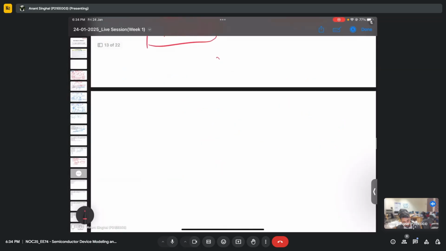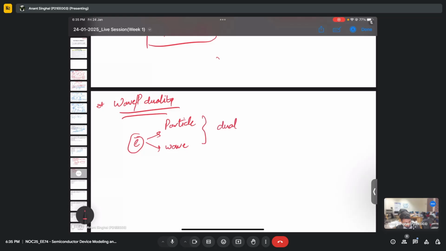No, sir. Okay, so if not, then we can move to the second thing, which was wave-particle duality. An electron can behave as a particle, and it can also behave like a wave. This is what we call the dual nature or duality principle. By wave we mean that a wave has a certain frequency and a certain wavelength, and in terms of a particle, it can have a certain kinetic energy, a certain potential energy, etc. So an electron can have all of that.